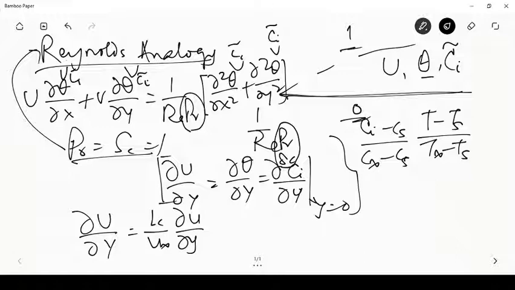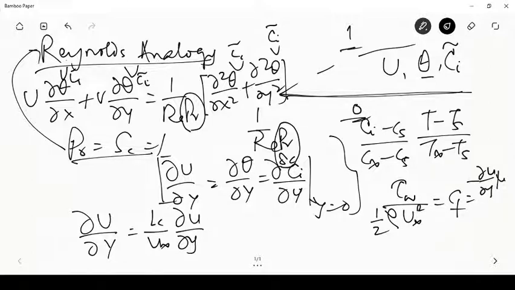Now if I write tau wall divided by rho u infinity squared, which is basically the non-dimensional form of this one, with a half here, and that's equal to Cf, then this tau wall is nothing but minus del u by del y into mu, divided by rho u infinity squared with a half here.